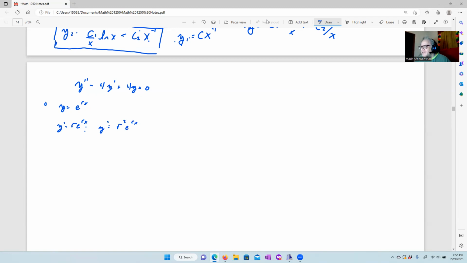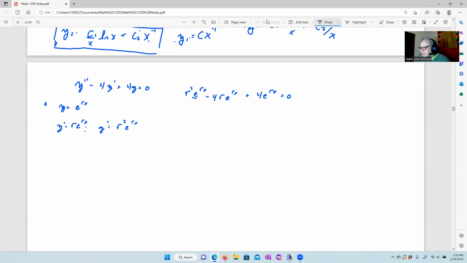So when I put it back into my solution, we're going to have r squared e to the rx minus 4r e to the rx plus 4 e to the rx set equal to 0.